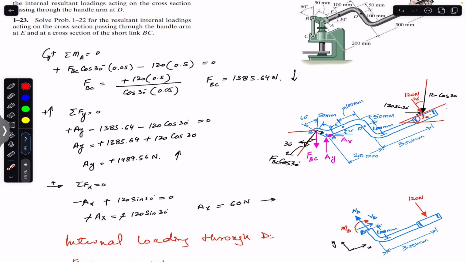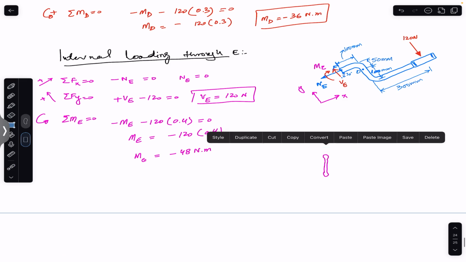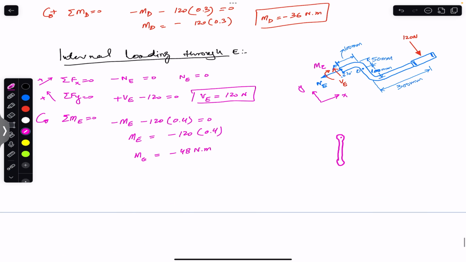So at B, we will have the force on link BC in this direction, and at C we will have the force in this direction. So let me draw that link BC. This is our link BC. This is point B, and this is point C. So at both ends it is subjected to force, that is the tension force.